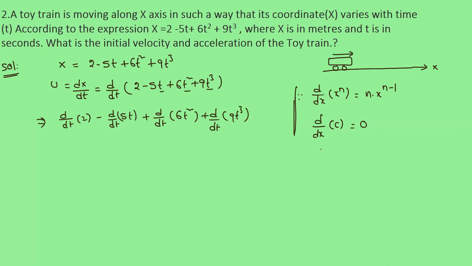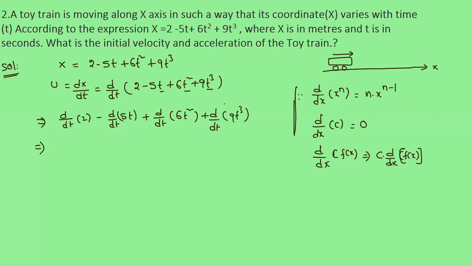Another formula we are using: d by dx of a constant into f of x is the constant outside times d by dx of f of x.